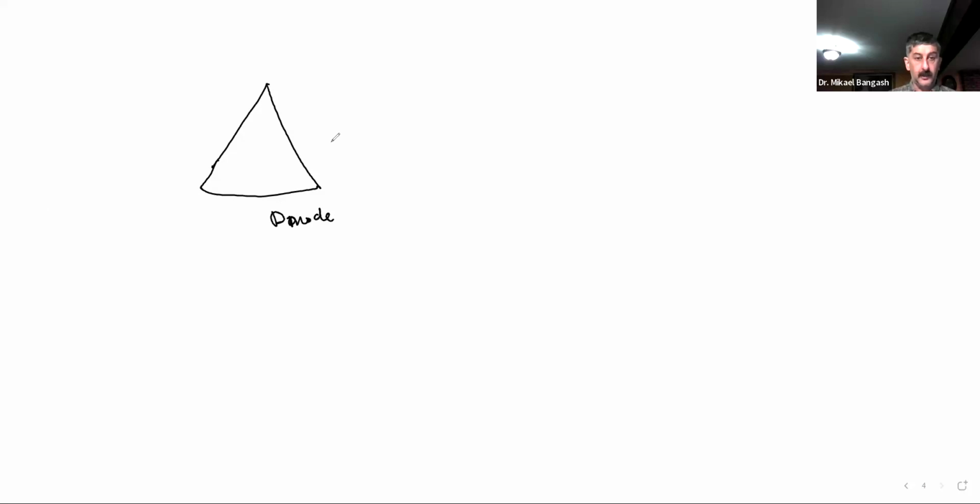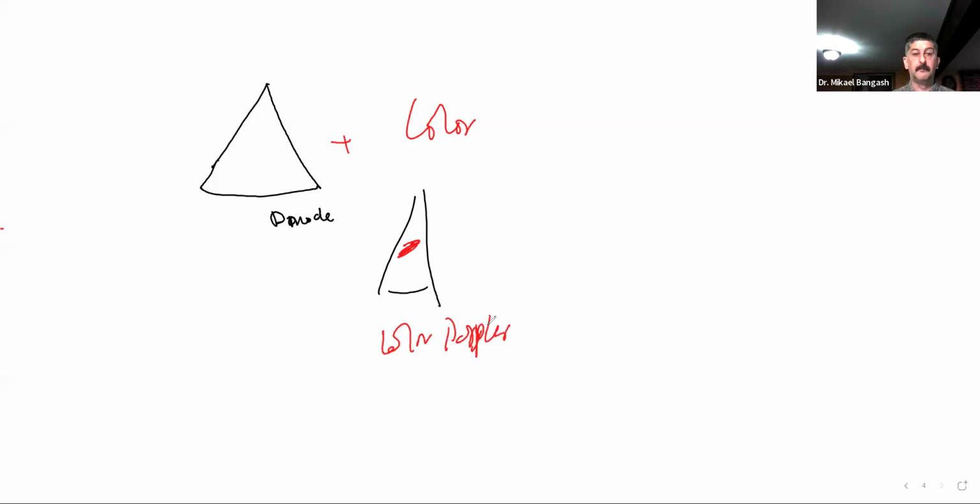If you want to, you can add color, and now you will have a color duplex, a color Doppler. Now, along with this color Doppler, you can still add a spectrum.